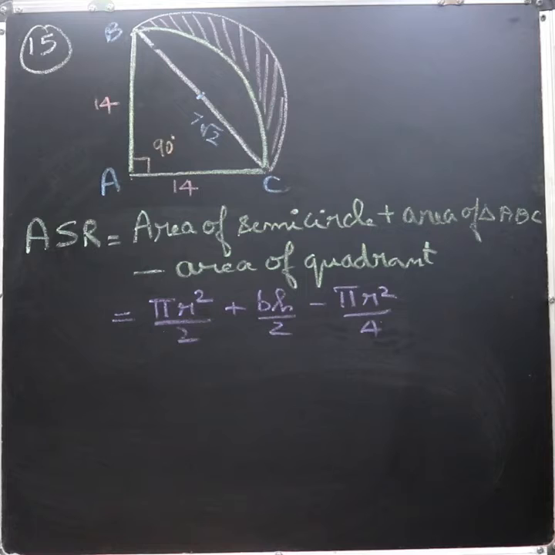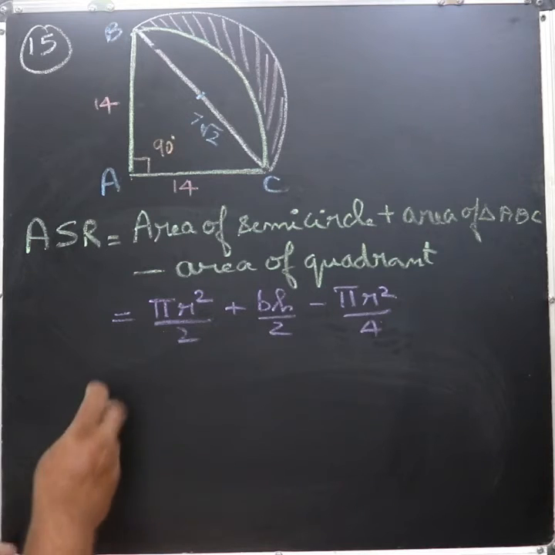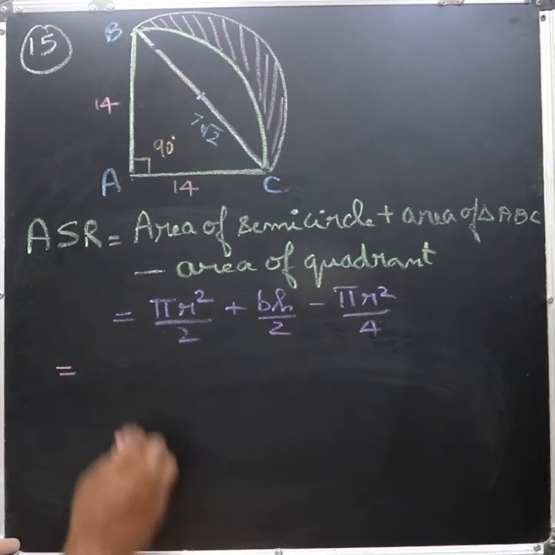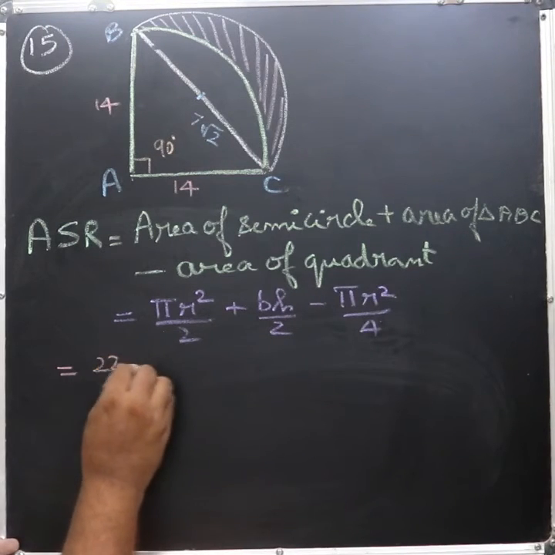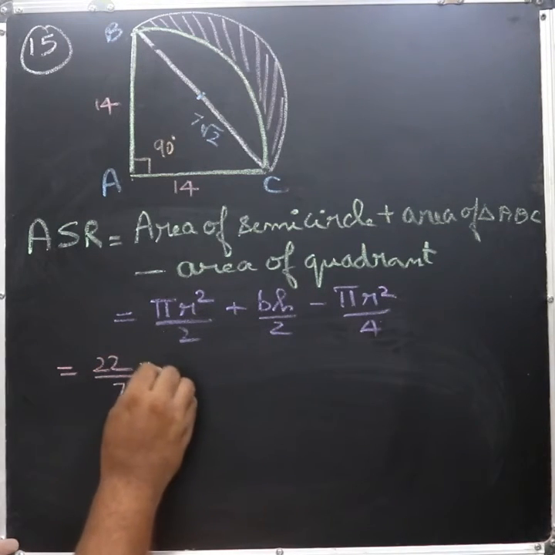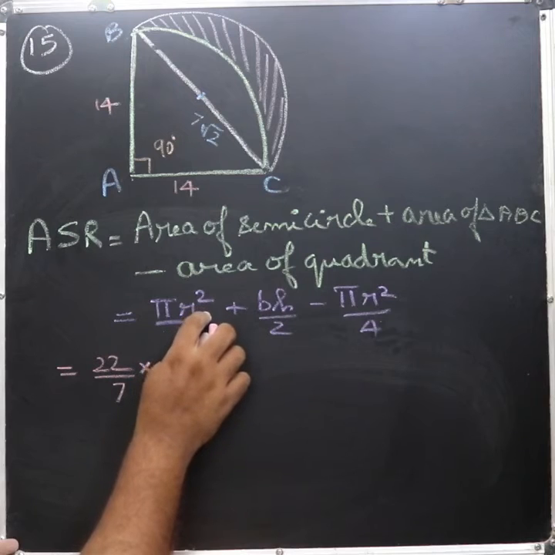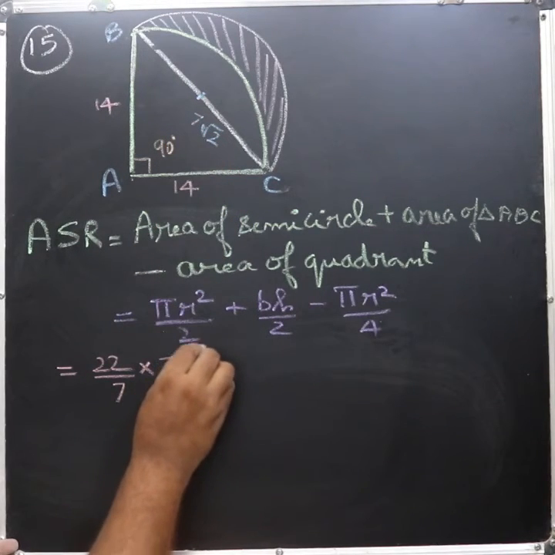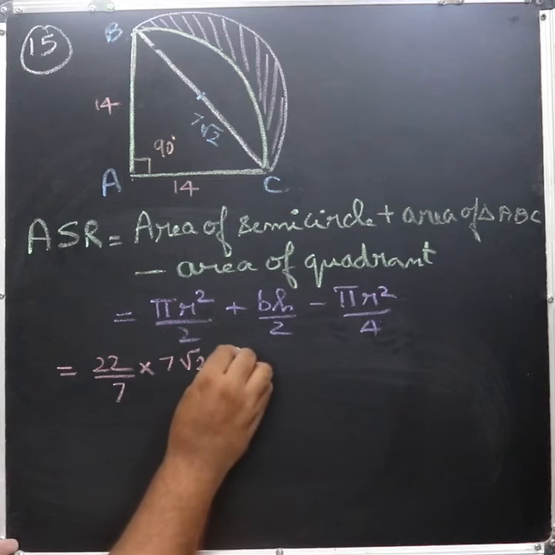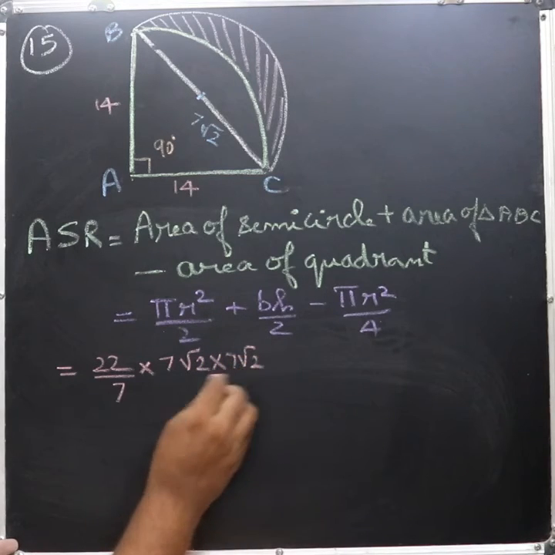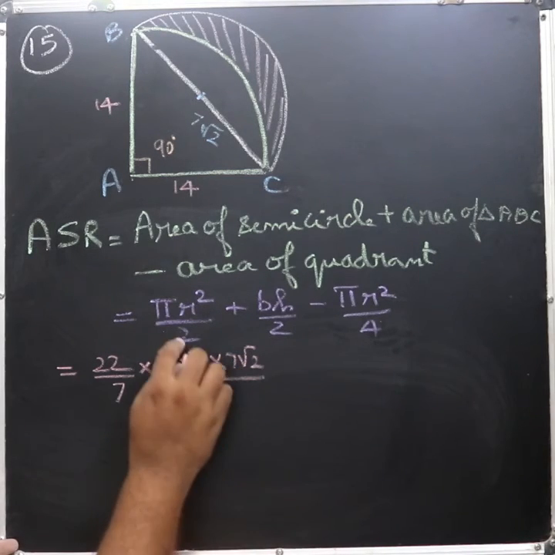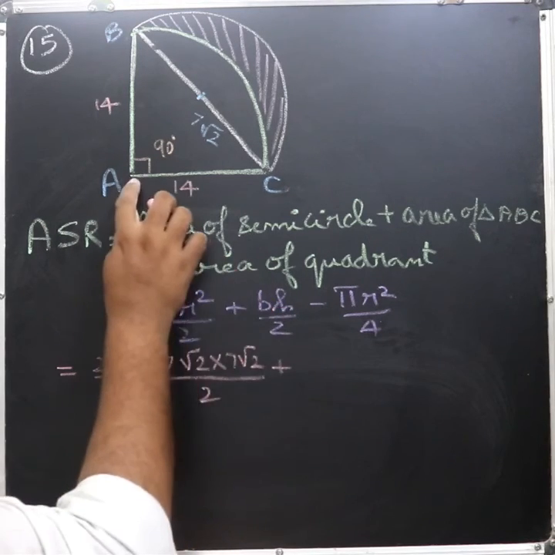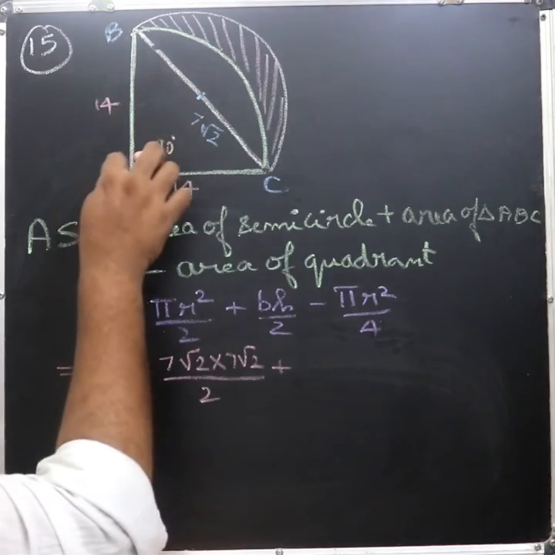When we substitute the values, we are going to have, they have asked us to substitute pi value 22 by 7. Now when you are considering the semicircle, radius is going to be 7 root 2. So we are going to have 7 root 2 into 7 root 2 divided by 2, which is there in the denominator, plus this is the base of the triangle and this is the height of the triangle.